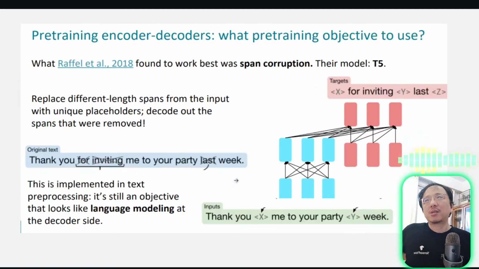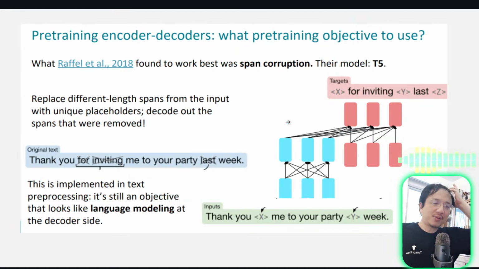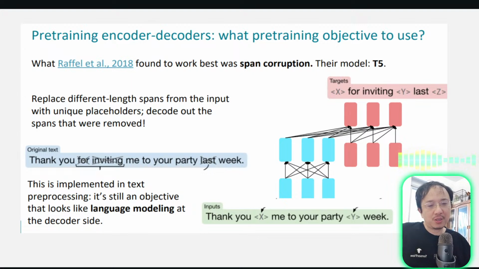Another way is to train the encoder and decoder together. There are many different ways to do that. One is the way to train the model T5, which is still used in a lot of different places and has a lot of variants. The original purpose was translation in multiple languages.